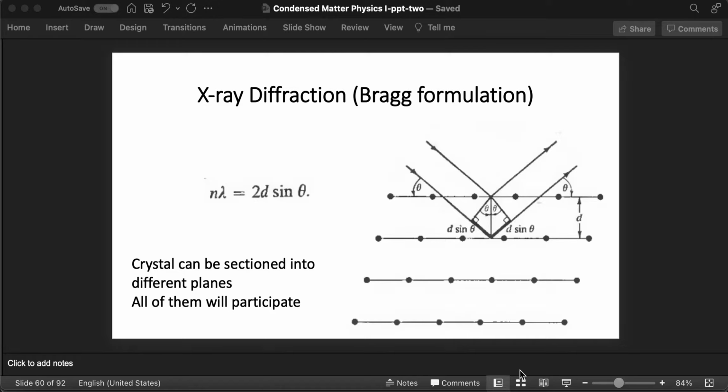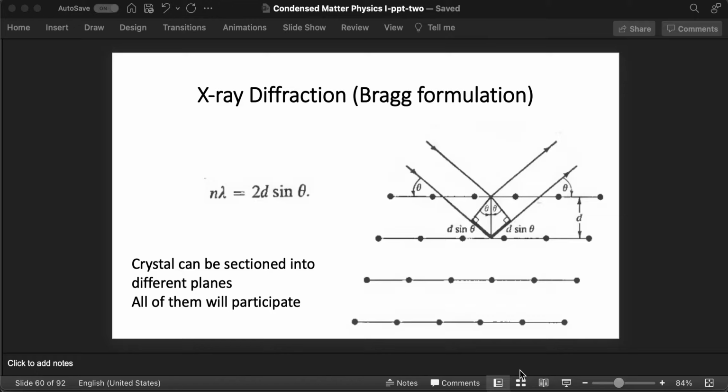Now, there are two kinds of plane waves that we're going to talk about here. One is the external electromagnetic radiation, basically X-rays. We apply X-rays to observe diffraction in a solid because the inter-ionic spacing is of the order of a few angstroms, and that's comparable to the wavelength of X-rays.